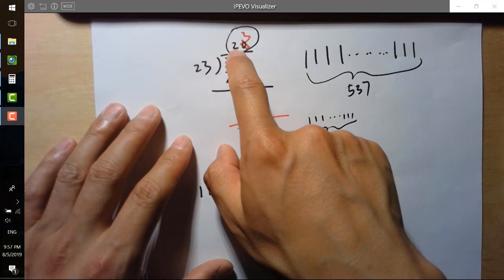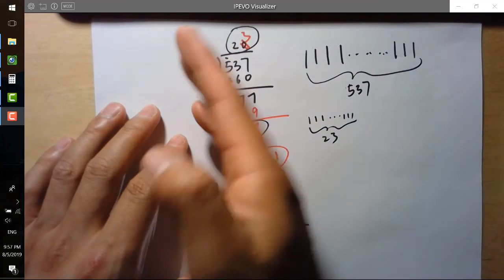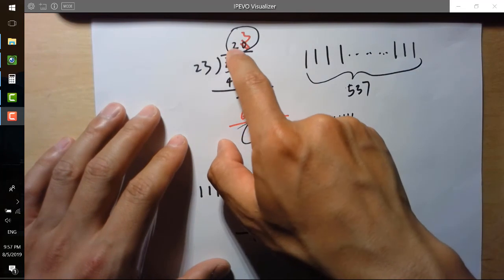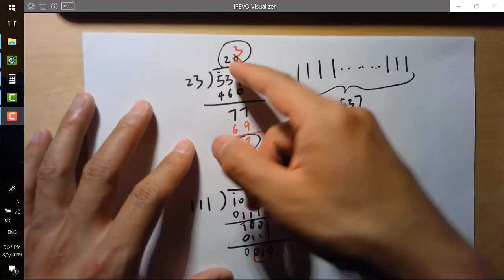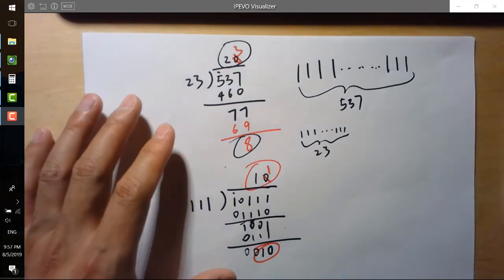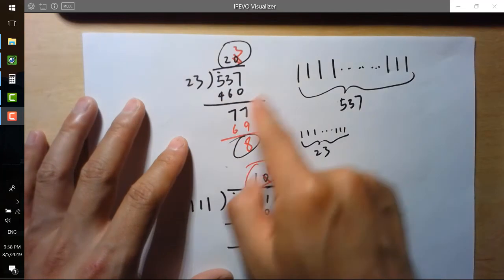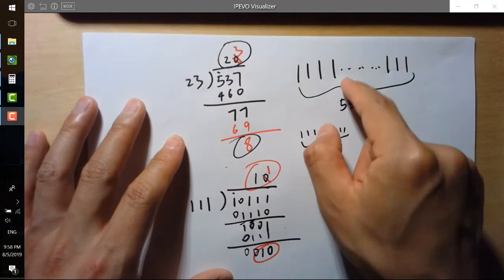When you are trying to find out the result here, you start from the left, from the bigger number. After that, you move to the next digit, trying to find out the smaller number, and so on and so forth, and finally get the final result. So for example, here we know we at least have 20 of 23s in that group.